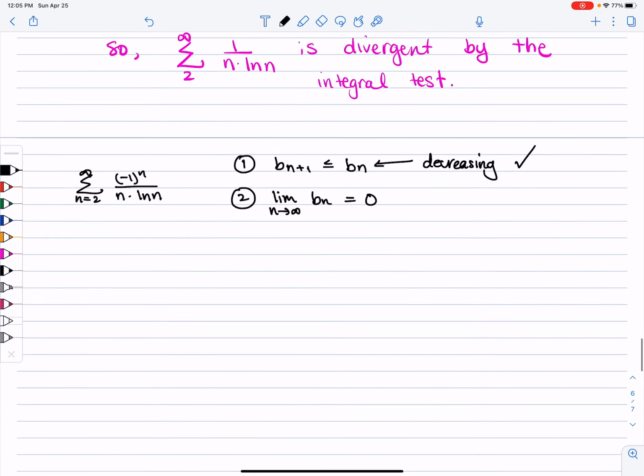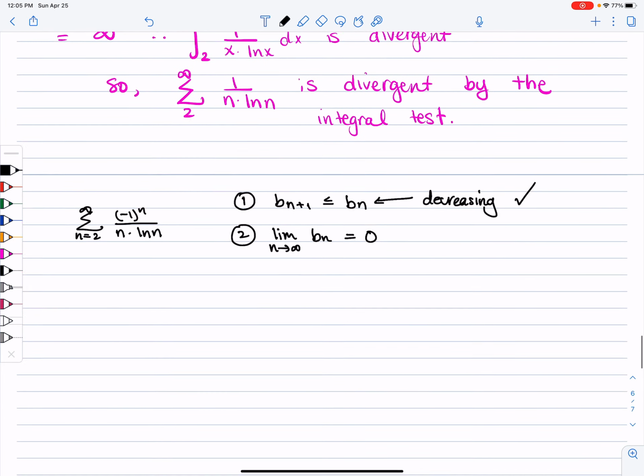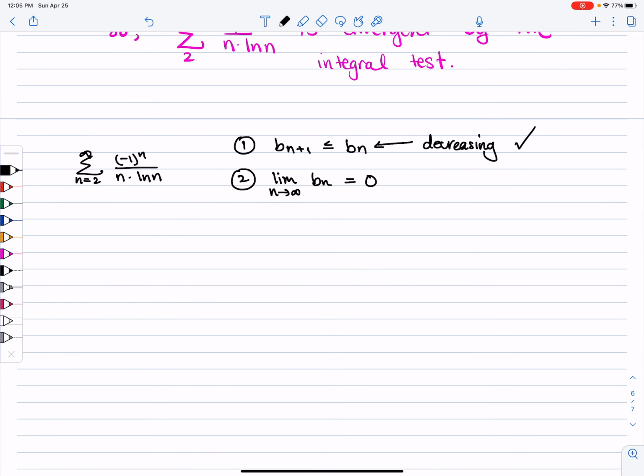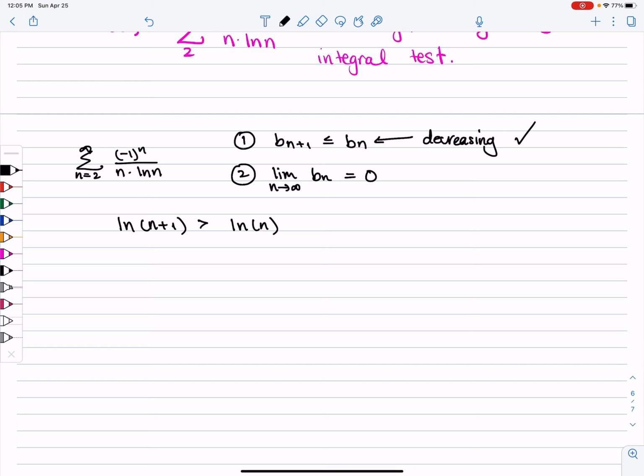So if not, what you can do too is you can say that ln of n plus 1 is greater than or equal to ln of n. It's just going to be greater than for n values greater than 2.